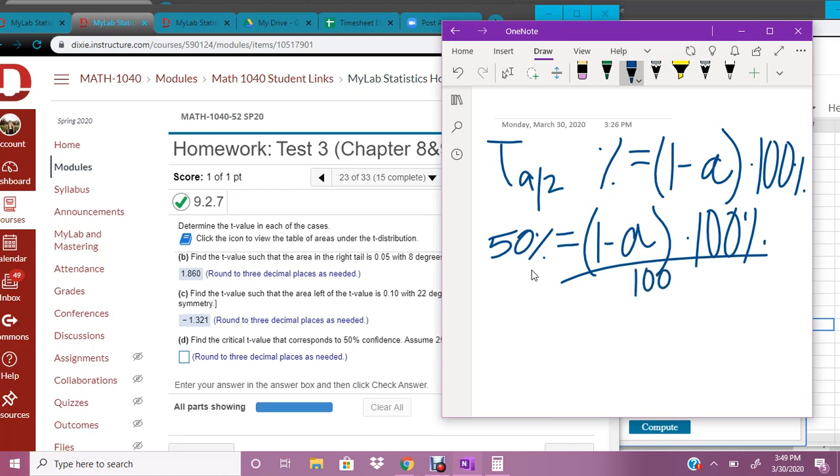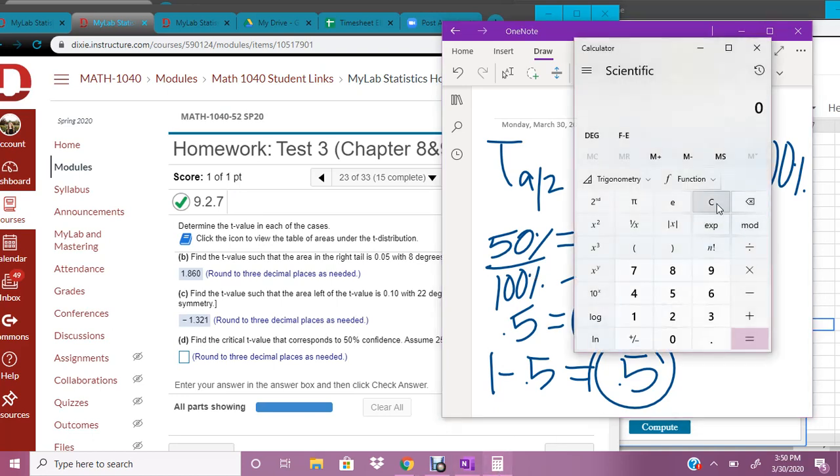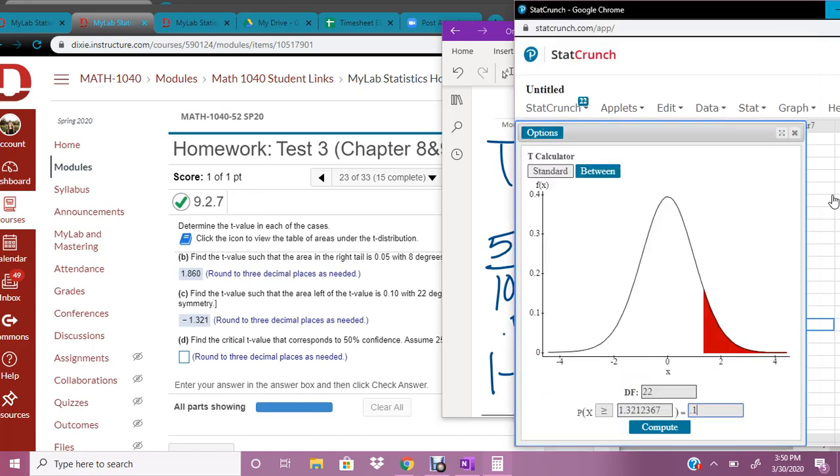So we're going to divide it by 100. It's going to give us 0.5. And then basically what we can do is we can do 1 minus 0.5. And in this case, it's going to be 0.5. And so that is our alpha. But we are finding this, so you do that divided by 2. So this 0.25 is what we're going to be plugging in on the decimal side.